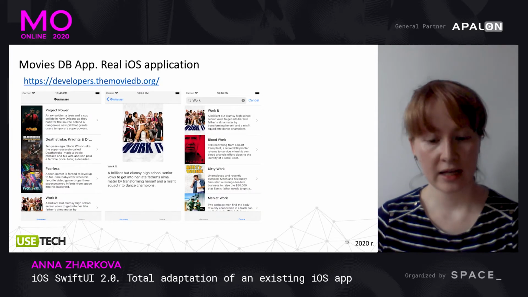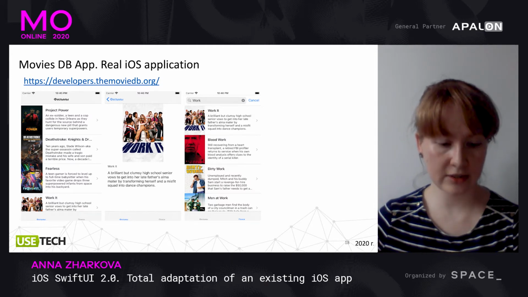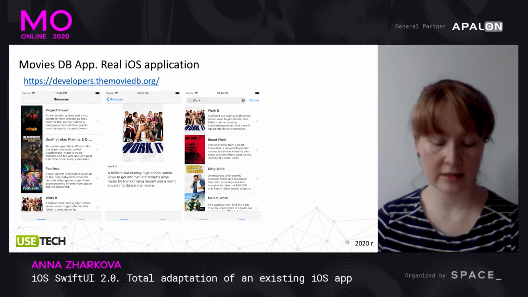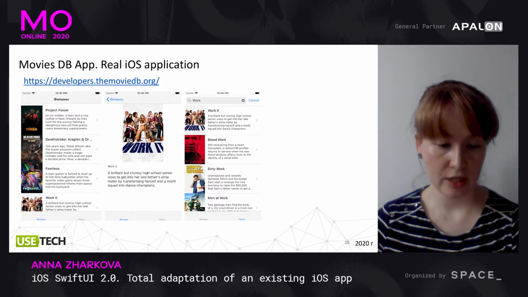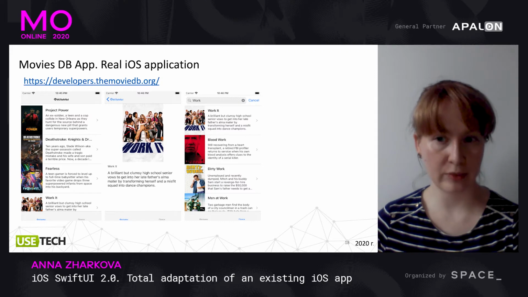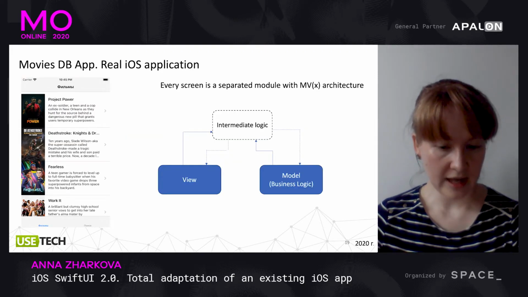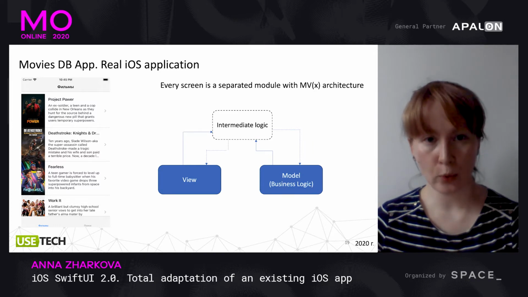So we have a classic iOS application. It has three screens: a list, an element, and some kind of search. This application uses OpenAPI, mobile optimized, and every screen is a separate module with MVS architecture.